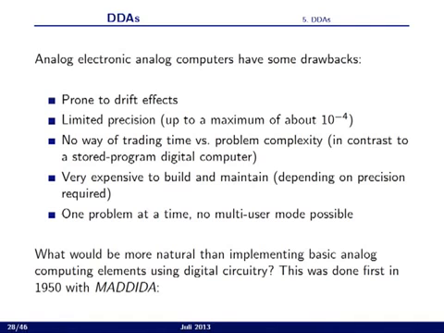You would not have this problem with a digital implementation. And an electronic analog computer is not able to be run in some multitasking or multi-user environment. One machine, one problem. No way to time share this machine. With a digital implementation, you could implement a time-shared or multitasking analog computer, a DDA.